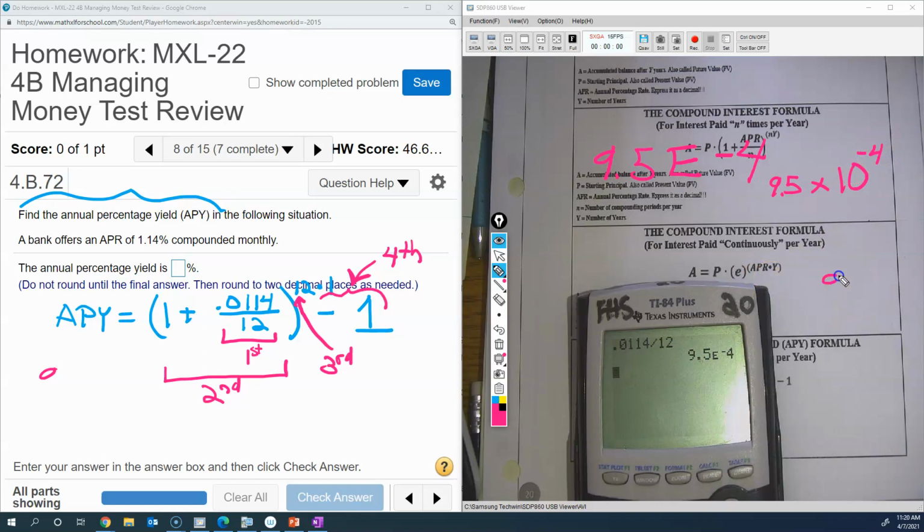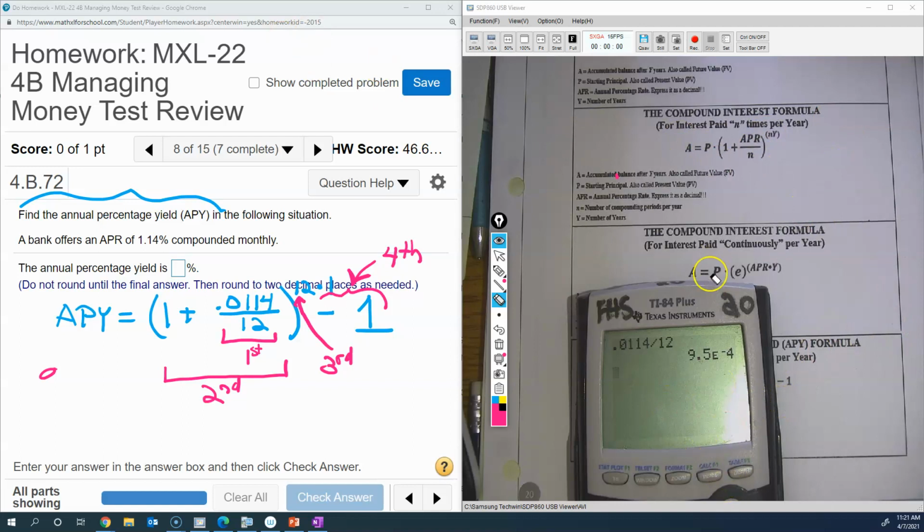So what you do is you take your decimal and you move it 1, 2, 3, 4 places to the left. That's what that number actually is.